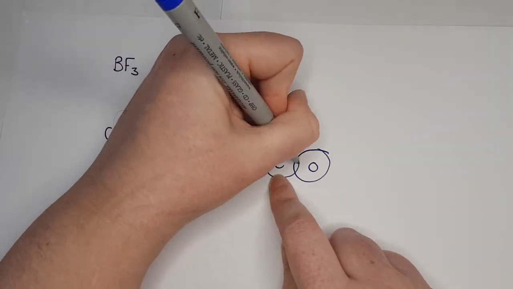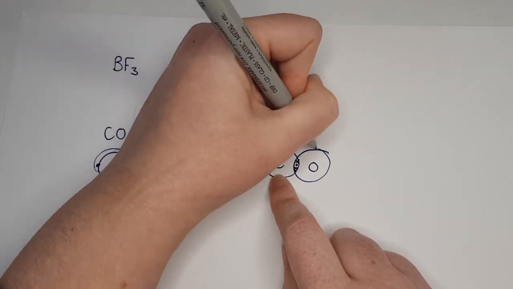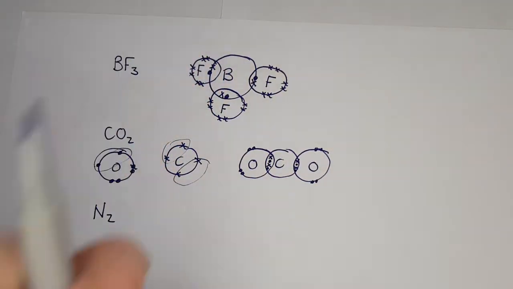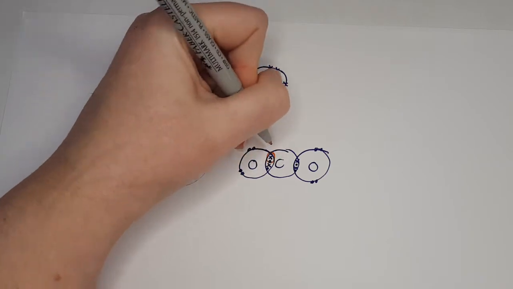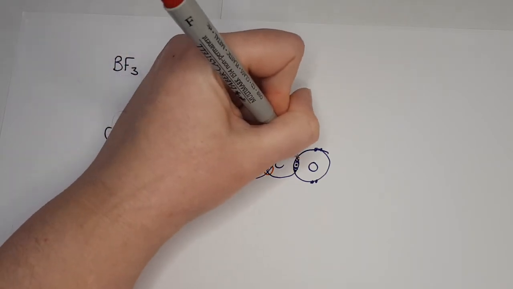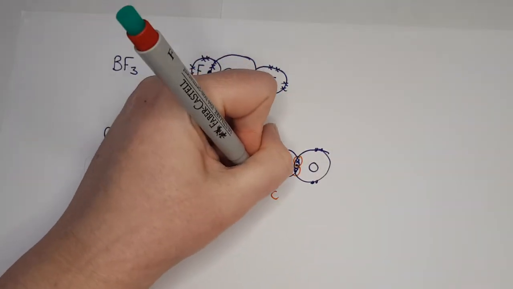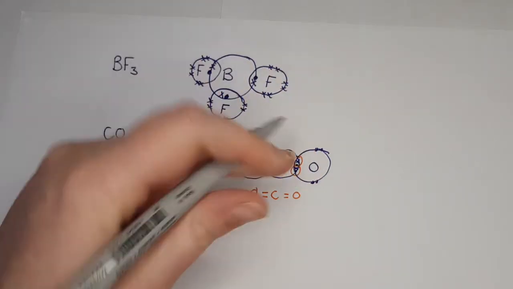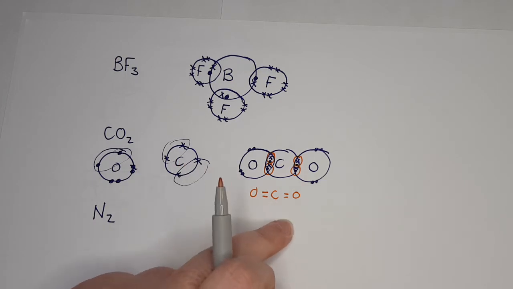So then on this one it was a cross with a dot, cross with a dot, and then my 2 lone pairs. So each one of those is a bond pair. So that carbon is going to have 2 bonds with each oxygen, and that's how we get a double bond.